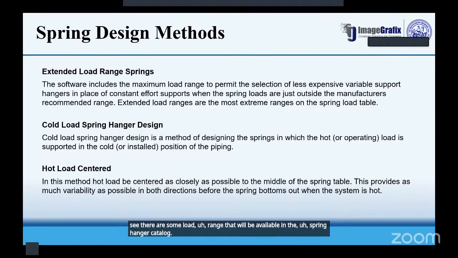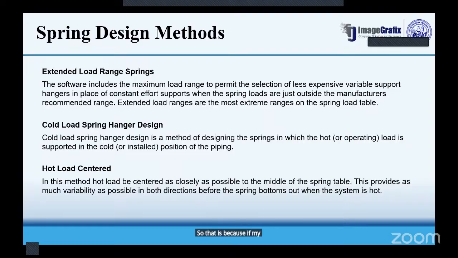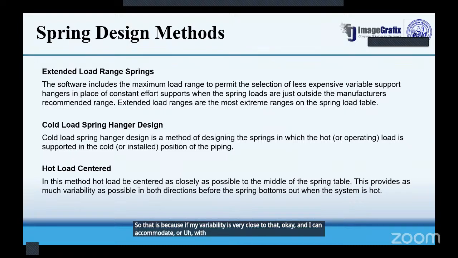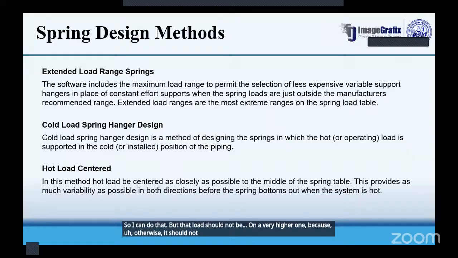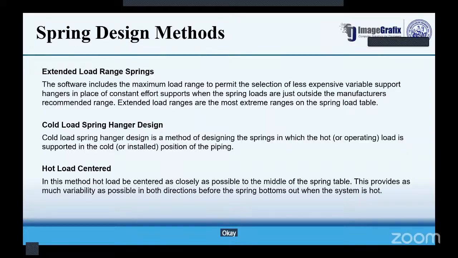If my variability is very close to that and I can accommodate it, then with further calculation I can go for the variable spring hanger instead of the constant spring hanger. But that load should not be very high, because otherwise it would not comply with safety. So we can also use the extended load range spring.